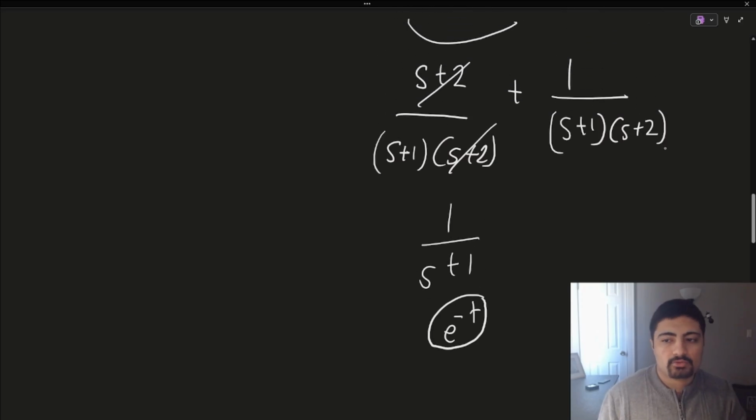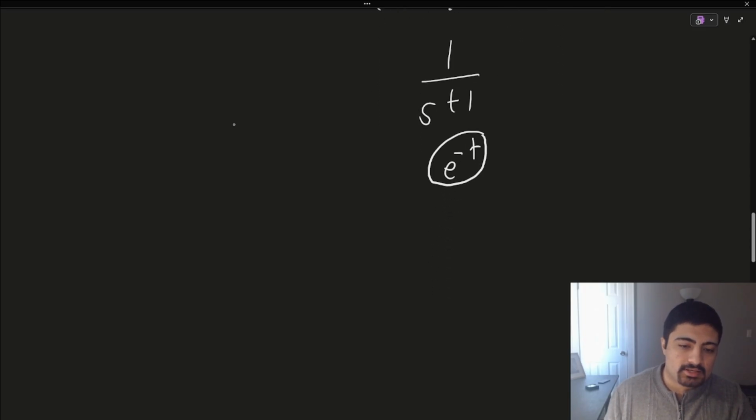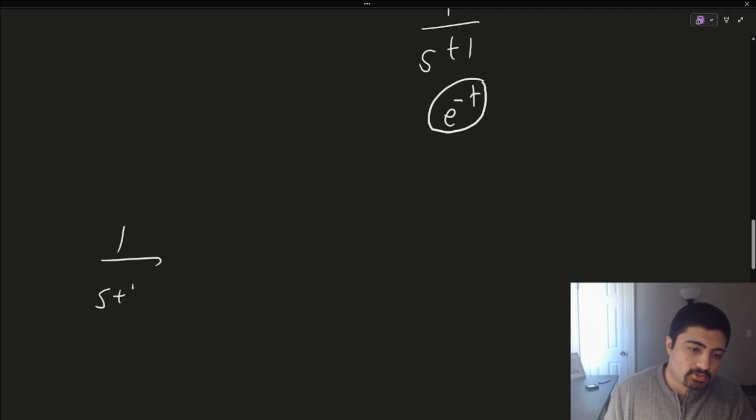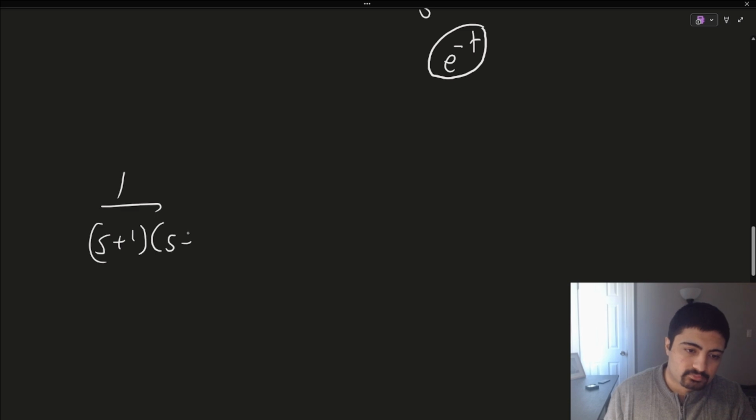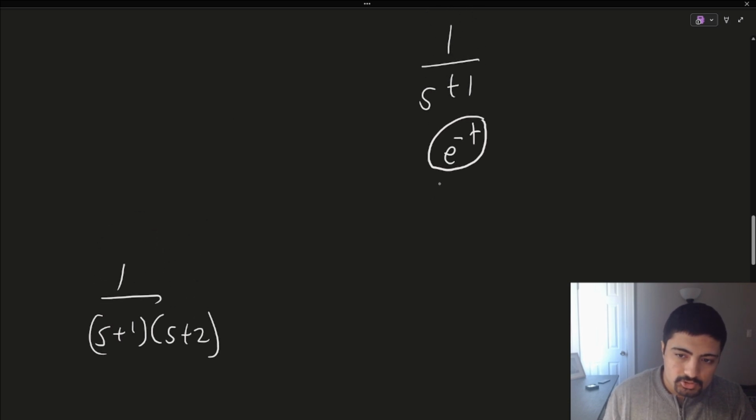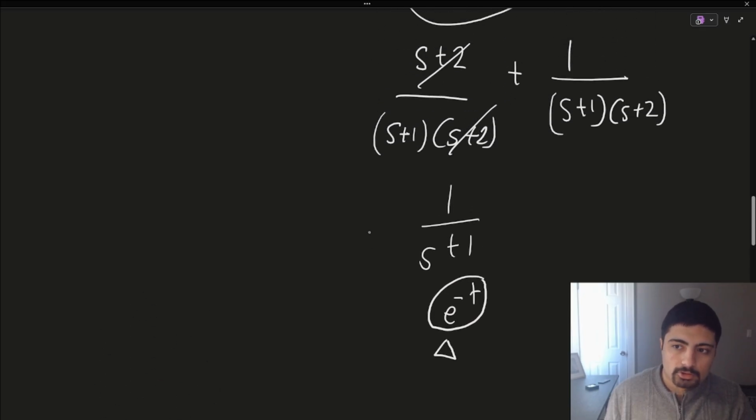And now if we want to do partial fractions for this little fraction, that's going to be really easy. So 1 over (s plus 1) times (s plus 2). You know what? Just so you don't get confused, I'm going to call this a triangle.